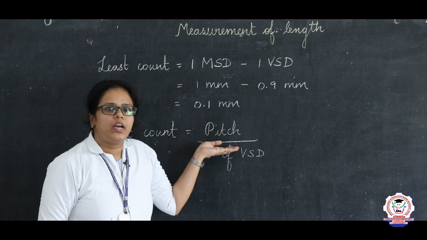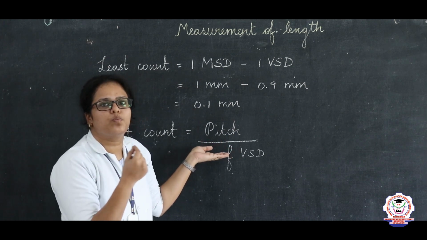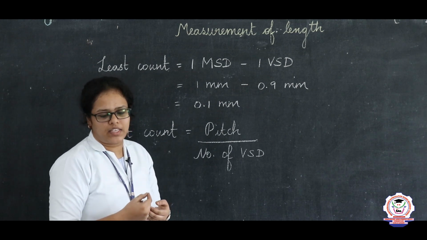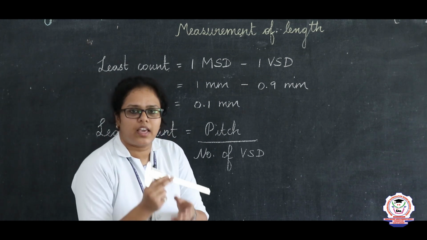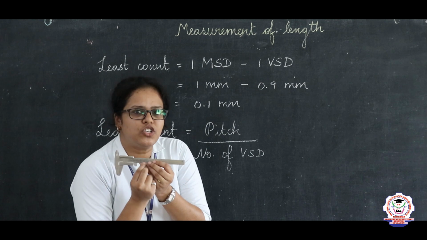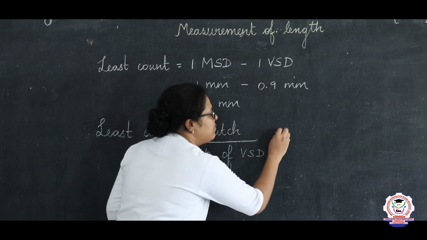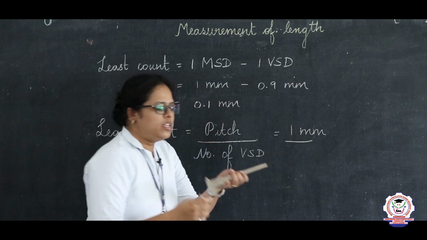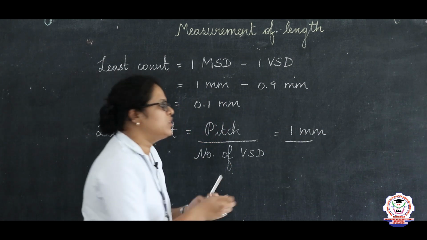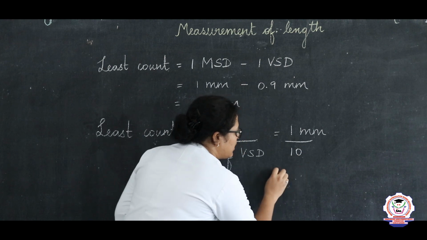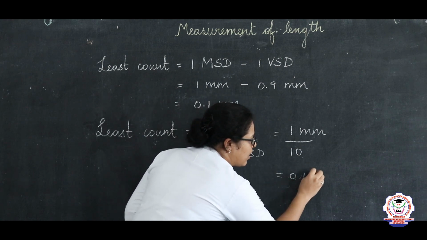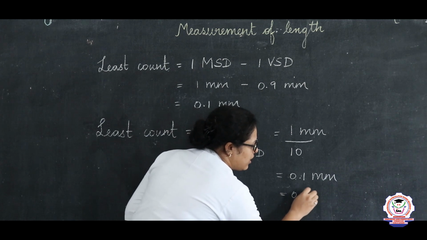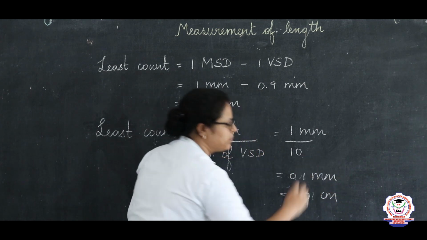Pitch is nothing but the smallest value that can be recorded directly from the main scale. If you are taking this main scale, the smallest reading that can be measured from this main scale is 1 millimeter. And this vernier has 10 vernier scale divisions. So, here the least count is 0.1 millimeter, or I can say it as 0.01 centimeter.